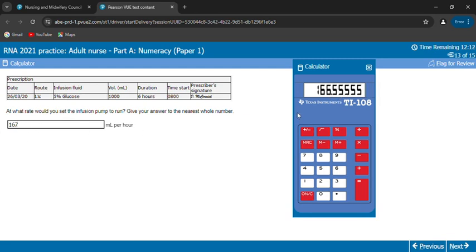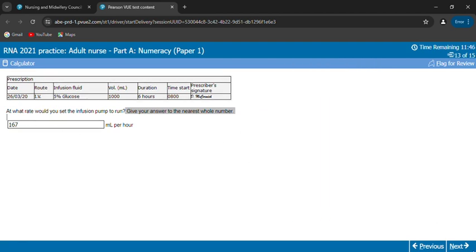I would also recommend you go on Google and search how to solve nearest whole number answers. You will find videos or information about it. So in that situation we will write 167. Now we will go to the next question.